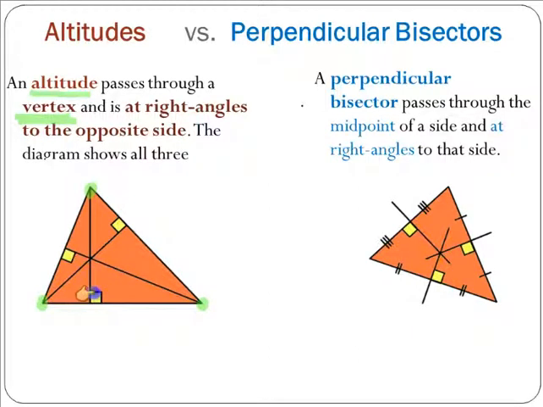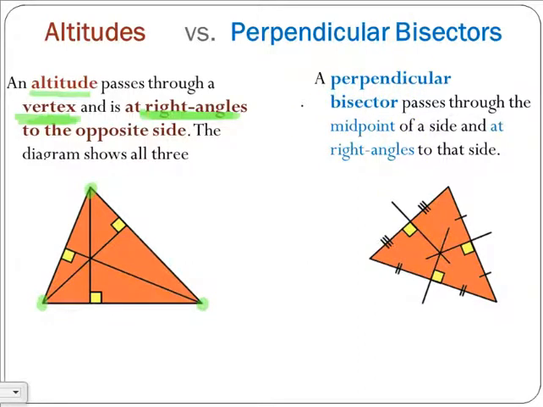So again, we're going to have 3 altitudes for each triangle because we've got 3 vertexes. We start at a vertex, we end at the opposite side at a right angle. So that is what an altitude is. So make sure you copy down the two things that each of these types of lines do.